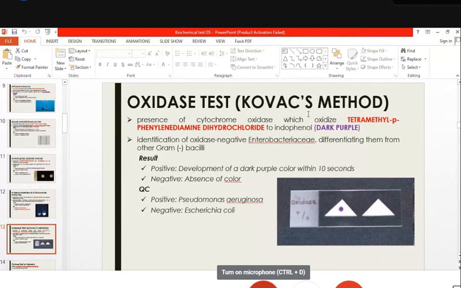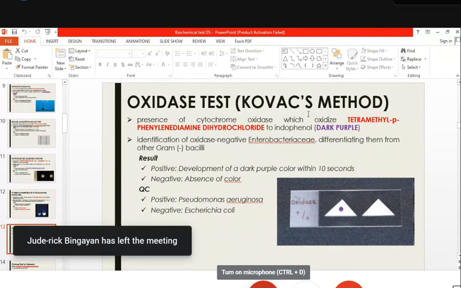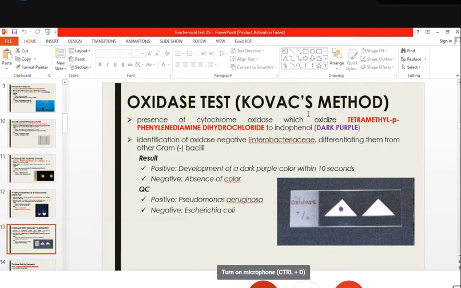So that our oxidase test is used again to identify bacteria that produce cytochrome C oxidase, an enzyme of the bacteria electron transport chain. So that when it is present, it oxidizes again the reagent, tetramethyl paraphenylene diamine, to indophenols, which is purple in color. So that when the enzyme is not present, the reagent remains reduced and is colorless.